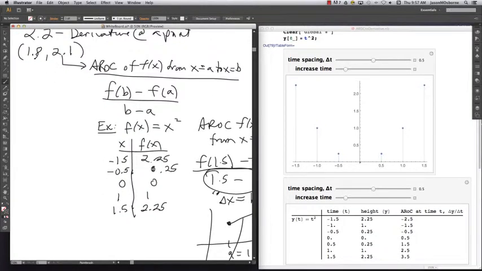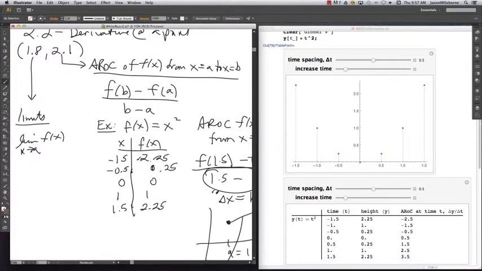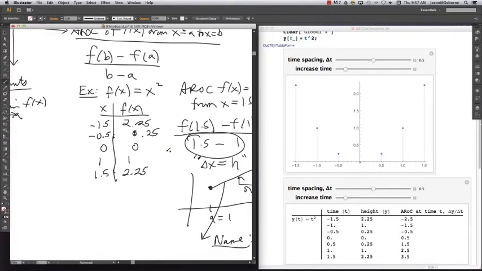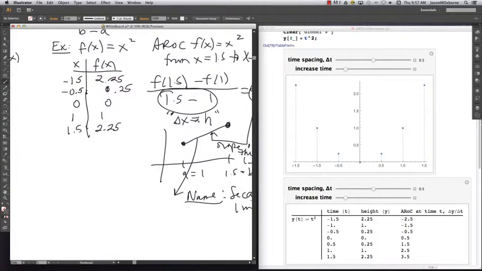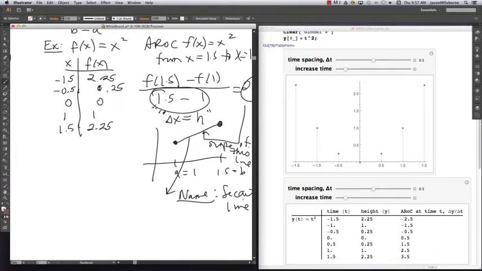What we did in section 1.8 is we looked at what were called limits. So say, the limit as x goes to a of f of x. What we're going to need from limits is to work with our delta x value, or what the book is going to call h.